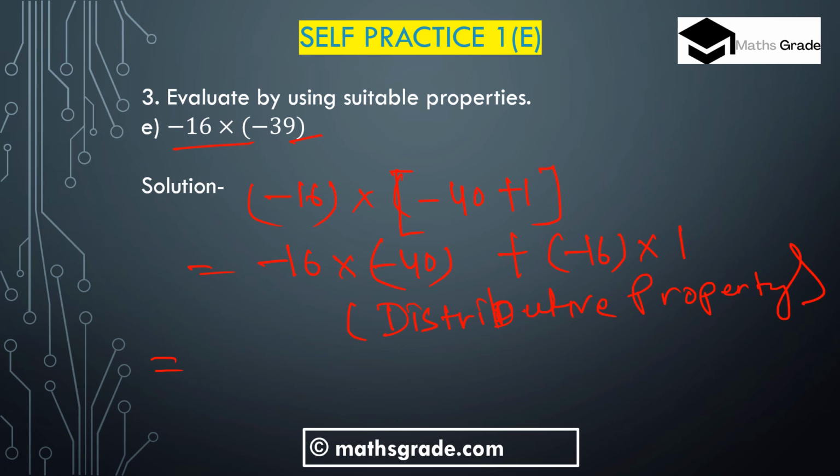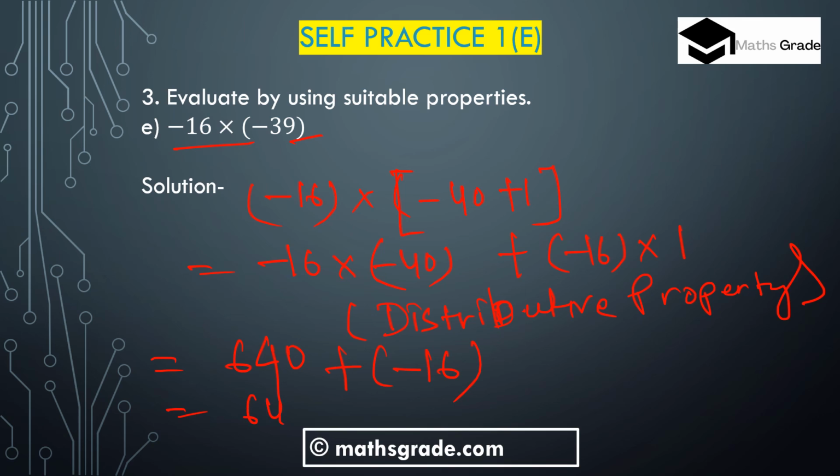Minus 16 multiplied with minus 40. We know minus multiplied with minus is plus, and 16 multiplied with 40: 16 multiplied with 4 is 64. Now it is 640, plus minus multiplied with plus is minus, and 16 multiplied with 1 is 16.